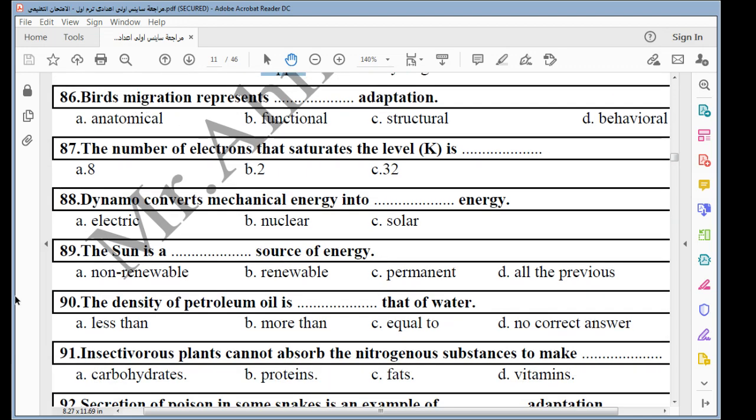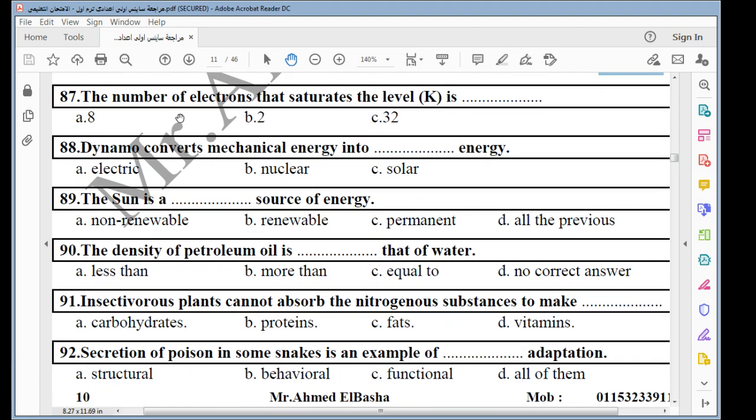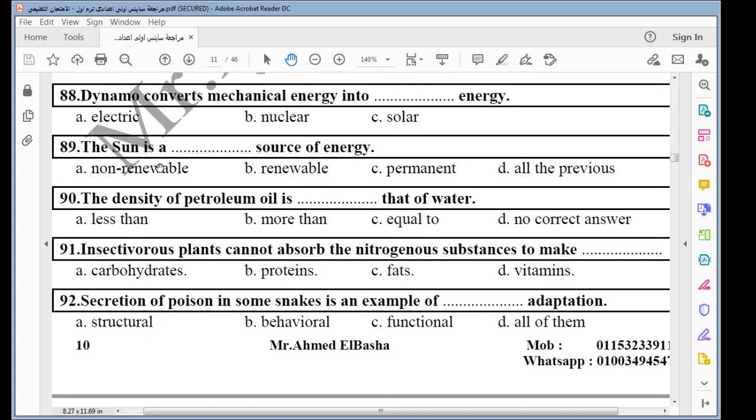86. Birds migration represents space adaptation, behavioral adaptation. 87. The number of electrons that saturates the level K is 2, the first level.